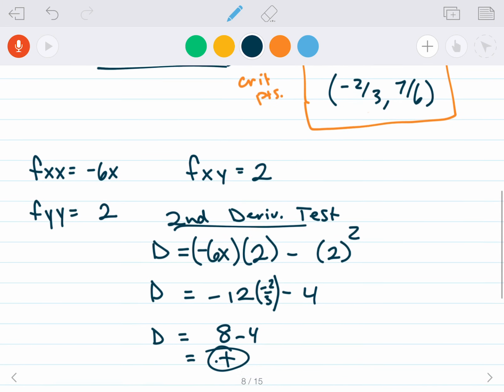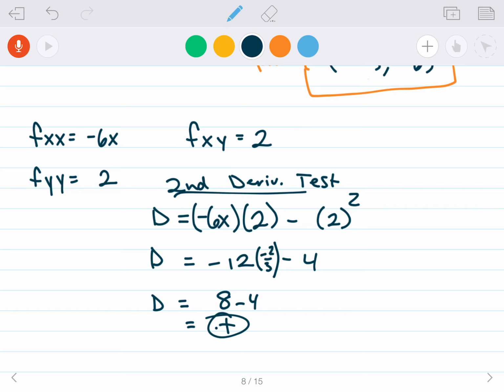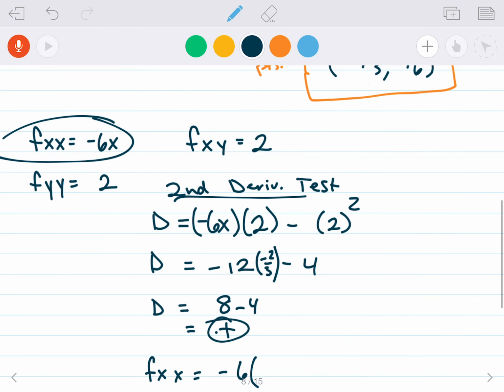So D is positive, and what else do we need to verify? We need to verify that D is positive and the second derivative is what? When we plug in negative 6 times negative 2/3, we get a positive.